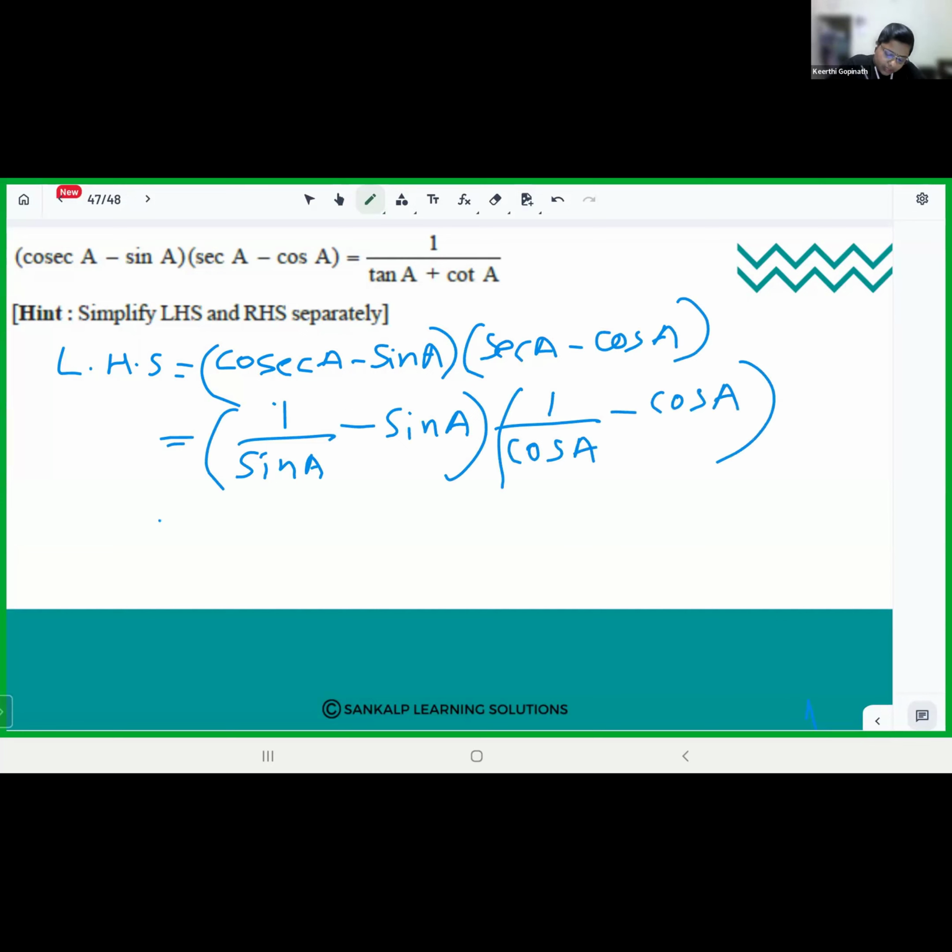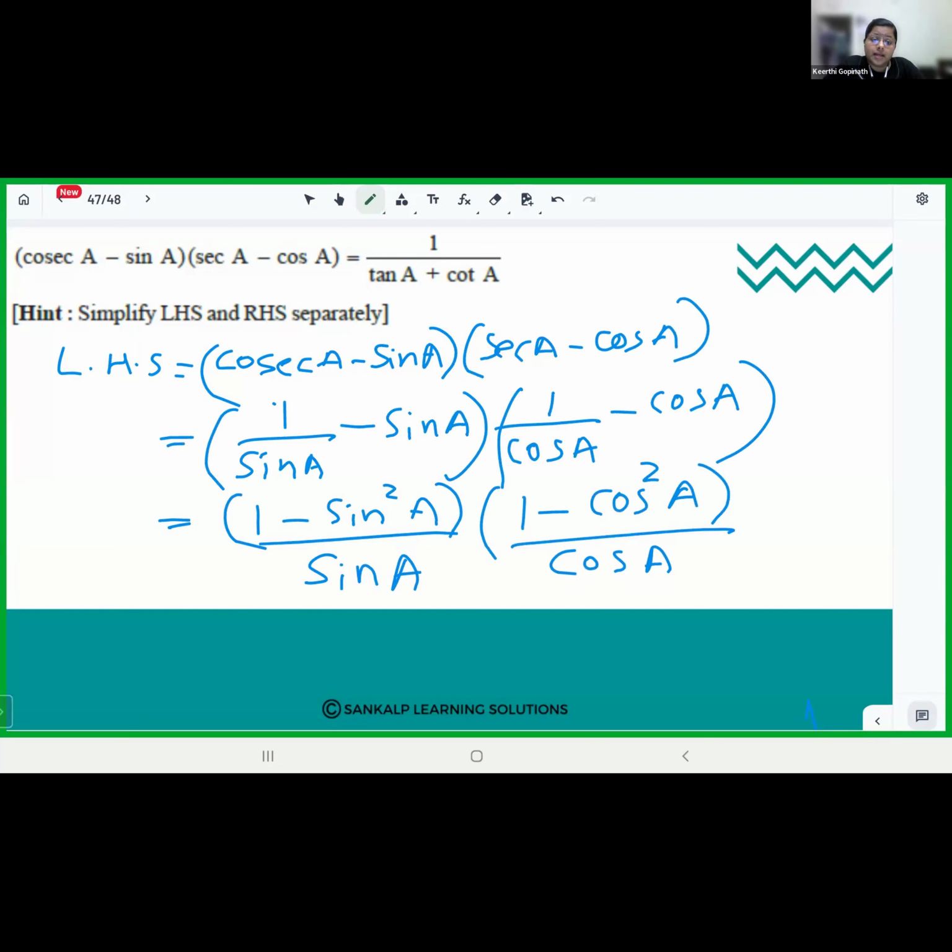Okay, now you have to cross multiply this. So you'll get 1 minus sine square A by sin A into 1 minus cos square A by cos A.